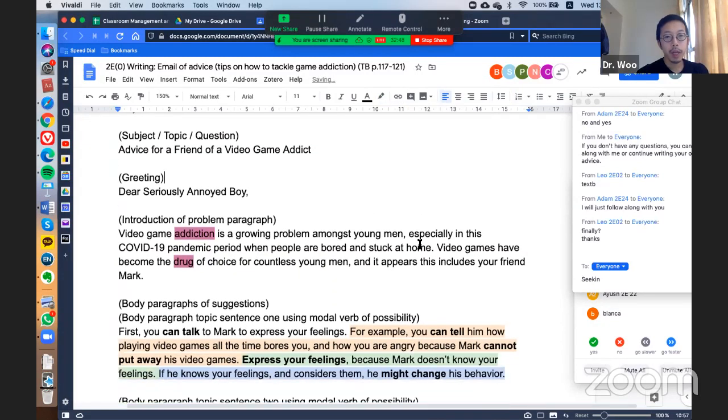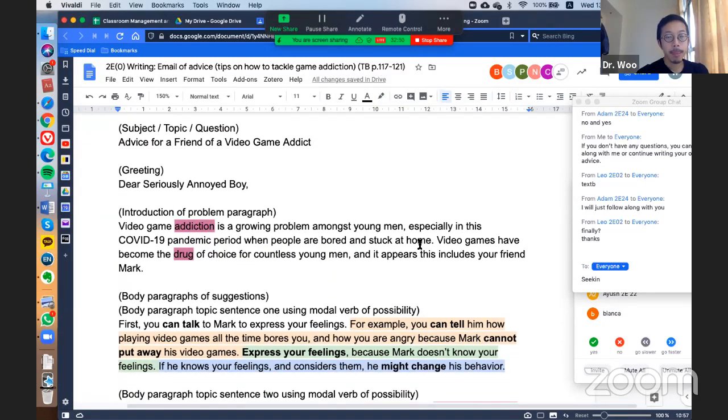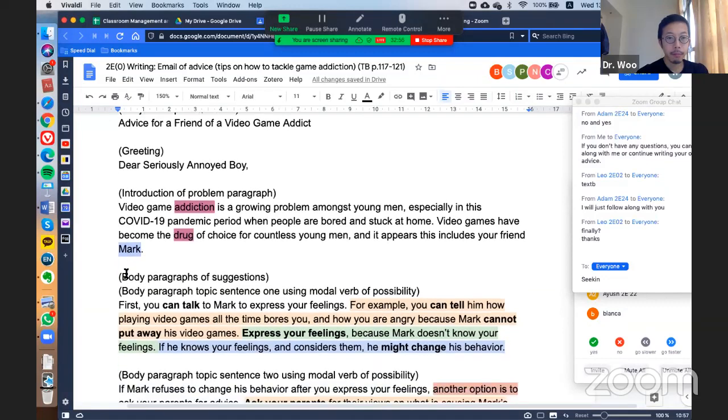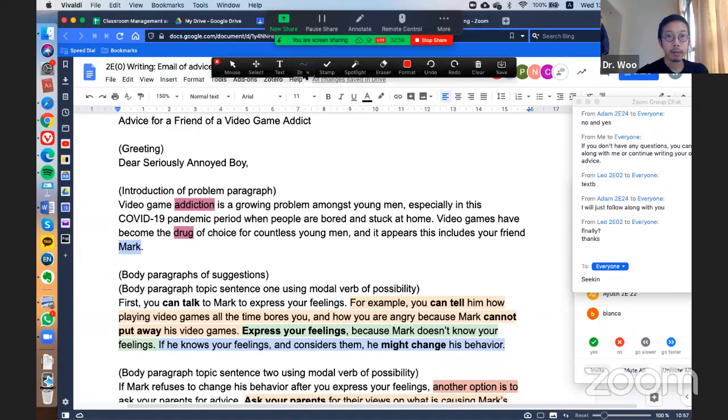So I've included vocabulary. I've written 2 sentences. And I've also introduced Mark, right? I have to introduce Mark because I start talking about Mark in the second paragraph. That is the first body paragraph. And the reader will have no idea who Mark is.